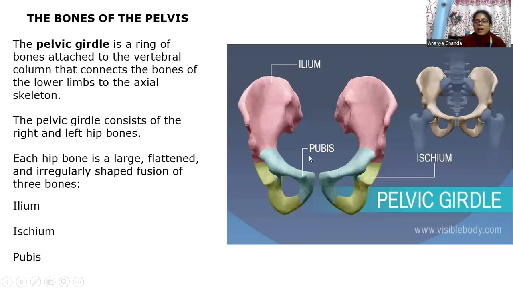The pelvic girdle, as I have mentioned, has the ilium, pubis, and the ischium. Each hip bone is large, flattened, and irregular in shape, and fused from 3 types of bone. That is the ilium, pubis, and the ischium.